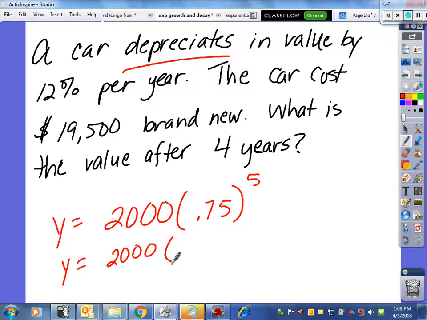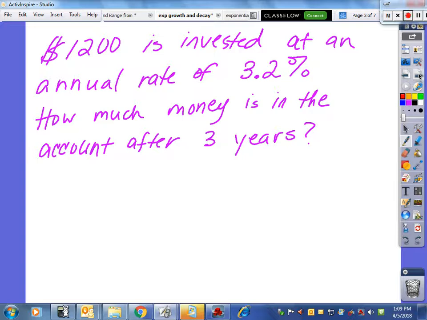How did this become 0.75? It became 0.75 by doing 1 minus 0.25. So this was a 25% decrease, which means it's now going to be worth 75% of what it used to be worth. What was the original amount of this car? 2,000. How many years are we tracking its value? 5 years.